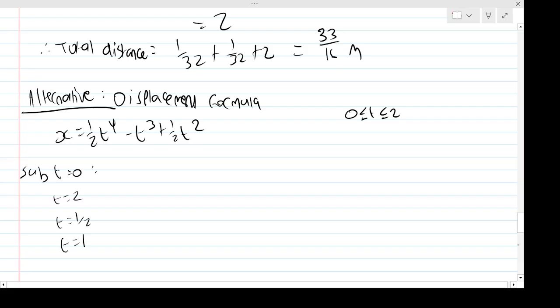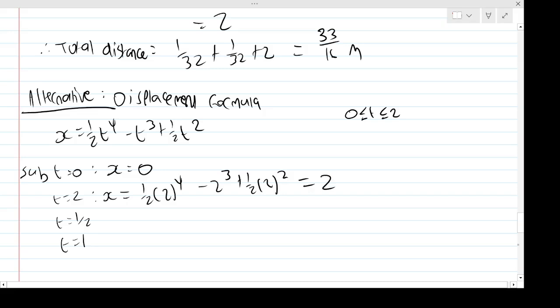So when t is 0, hopefully x will be 0 as well, because it will all go to 0. Then when t is 2, x is going to be half of 2 to the 4 minus 2 cubed plus a half of 2 squared, which will get me 2.